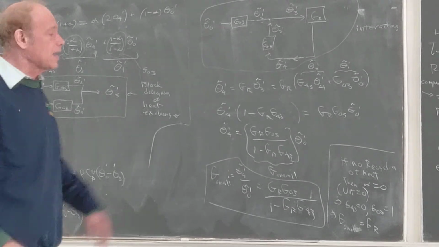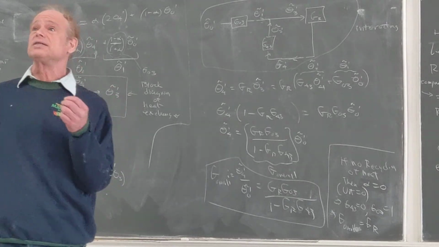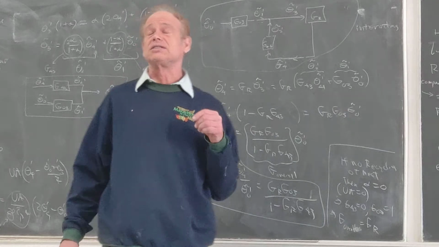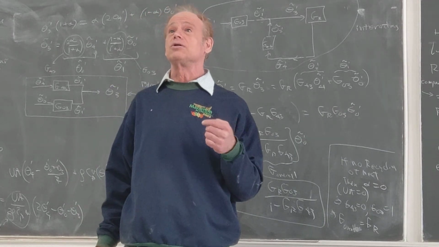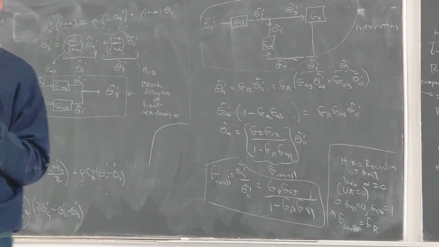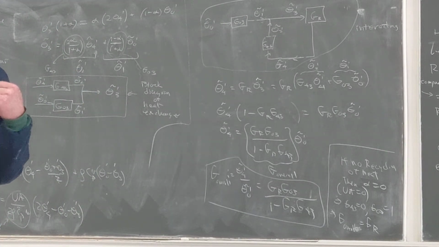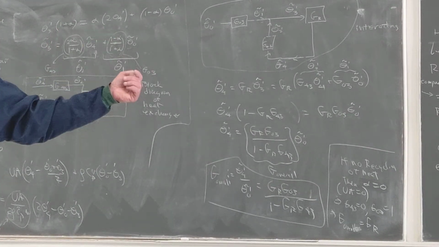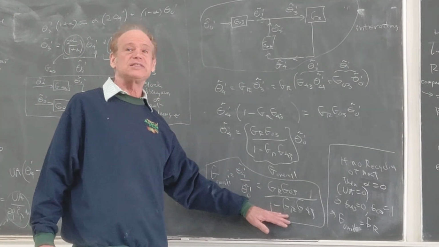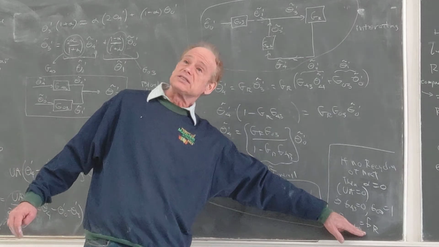Okay, so, all right. And what we learned was that the interacting systems are more sluggish, they're slower. We showed that in the first hour, and this is an interacting system. And the stability depends on this denominator as opposed to this denominator.